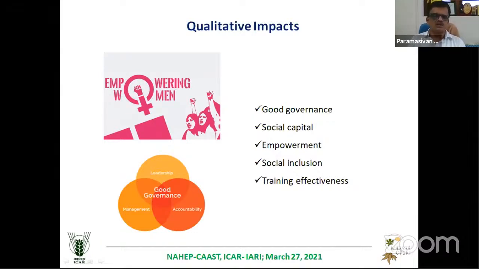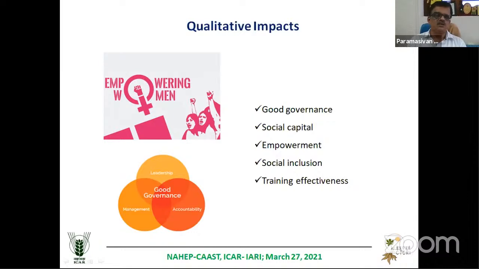It is also one of the qualitative impacts which comes up in large scale national level intervention programs, where we are talking about local self governance. And we are also focusing on self-help group based interventions there. Good governance is an indicator of the sustainable impact of something which is created.